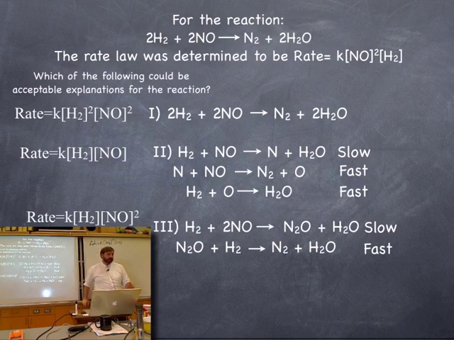But what if you know the initial rate is wrong, but you have a match in the 3? You know how this is determined experimentally, right? This overall rate law is determined by doing chemical experiments to figure it out.